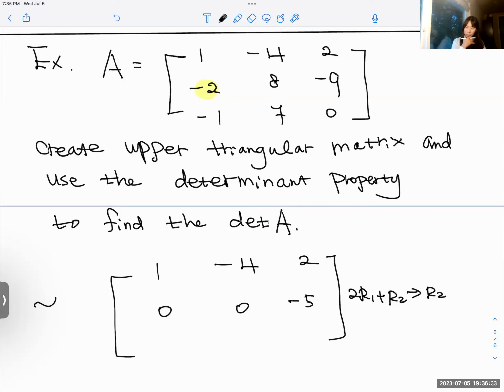Maybe we do it at the same time because we're going to use R1 again, right? So we want to make a 0 here. Add R1 to R3. So we have 0, 3, 2.